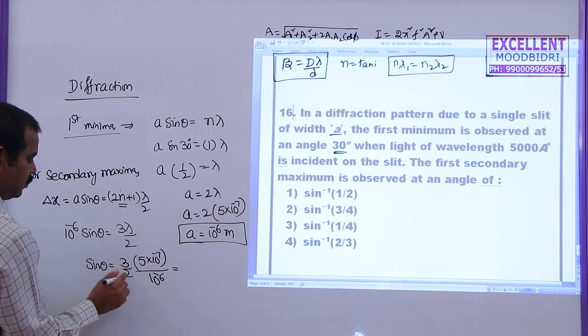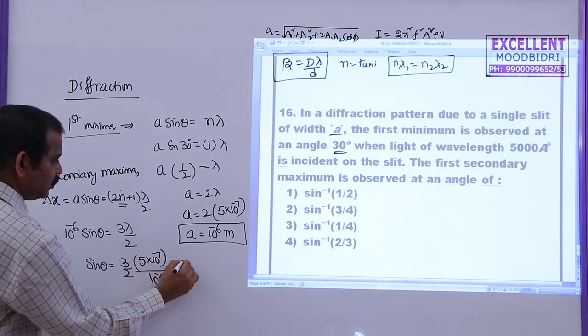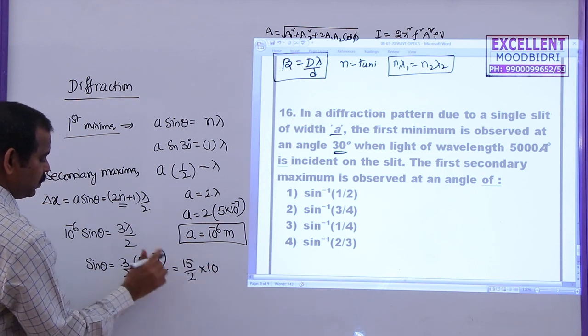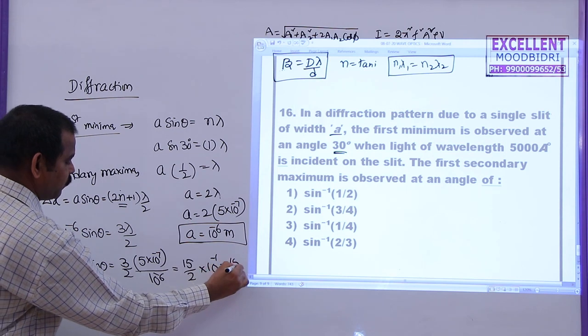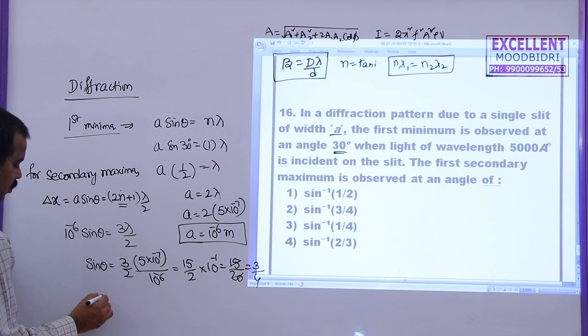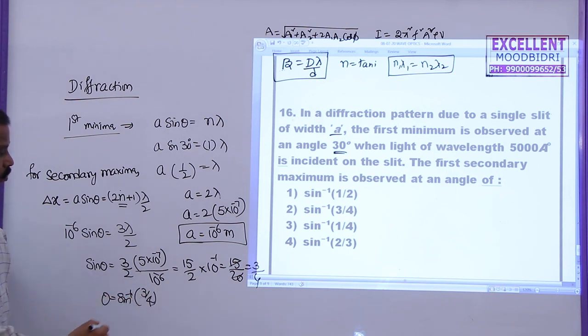So now you can write 5 3s are 15 by 2. So this is 15 by 2 into 10 power minus 1, or 15 by 20, that is 3 by 4. So theta is equal to sin inverse 3 by 4. So option 2 is correct.